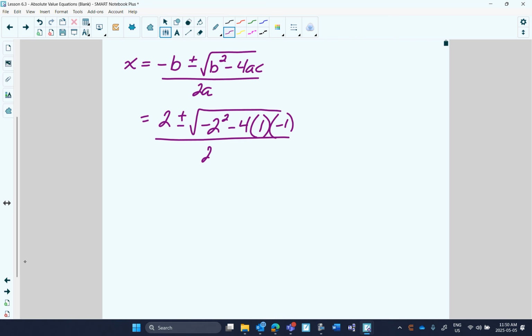Negative 2 would be in front. Should be in parentheses. Whenever it's negative, put it in parentheses. See, I know how all you guys operate. So 4, 5 plus 4, 8.